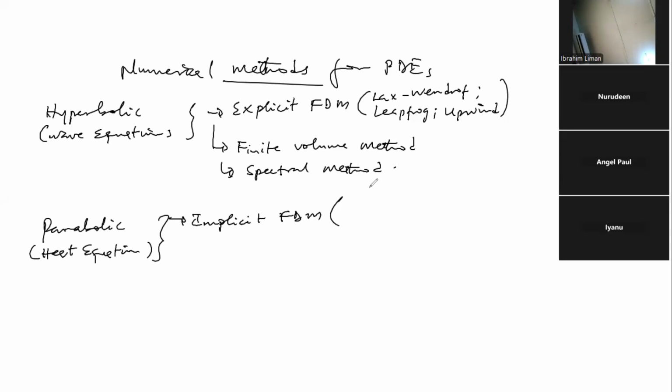And here, you want to look up the Crank-Nicolson. Then we have the backward Euler methods. Then we also have the finite element method. And we also have the method of lines.